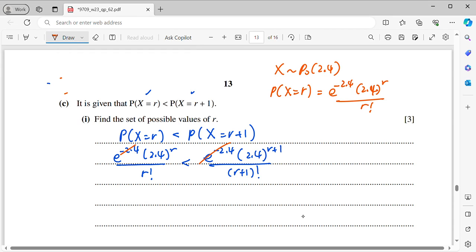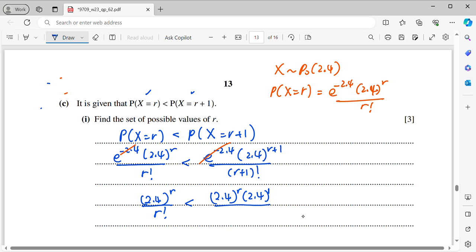And now we have 2.4 power r and 2.4 power r plus 1. So from here, I will get 2.4 to the power of r over r factorial less than this 2.4 to the power of r plus 1, which is basically 2.4 to the power of r times 2.4 to the power of 1. Okay, over.